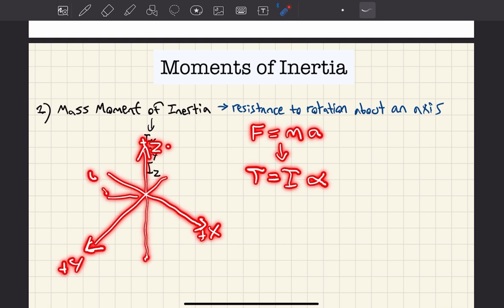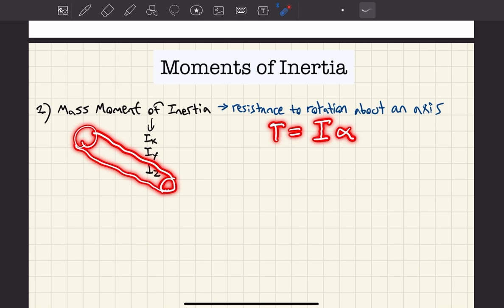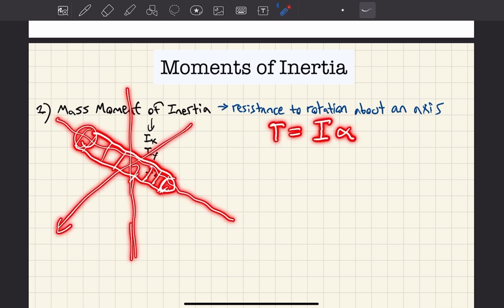And let's say I have a slender rod, a rod like so. Hopefully that drawing isn't too bad.